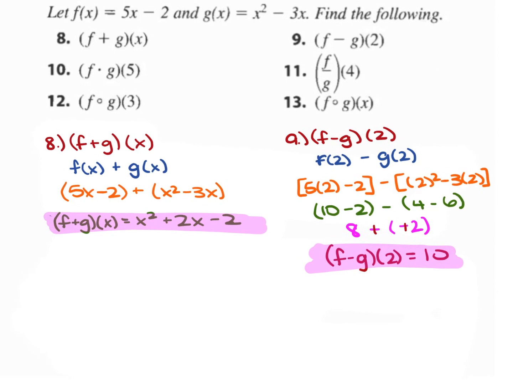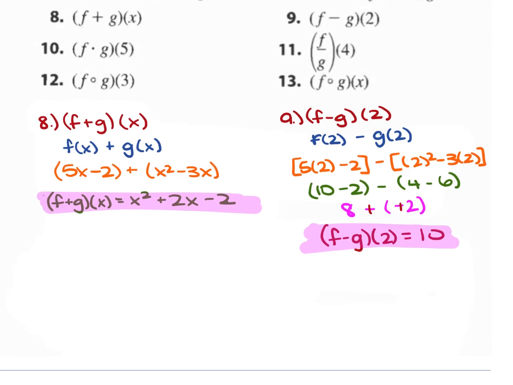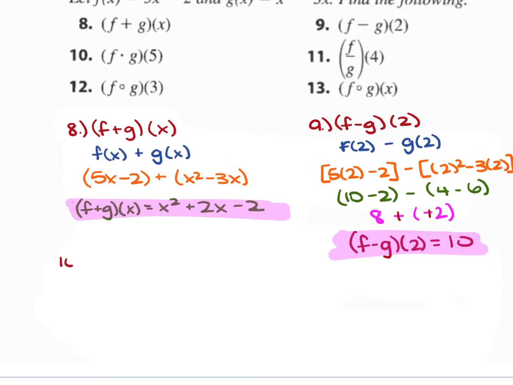For number 10, we're doing f times g of 5. So this is going to be the same thing as saying take f of 5 times g of 5. So f of x we said was the 5x minus 2. G of x we said was x squared minus 3x.